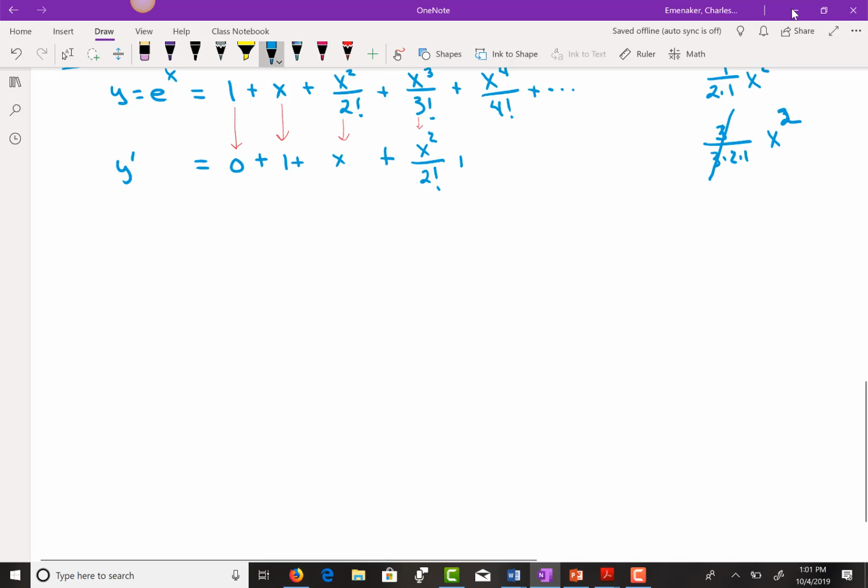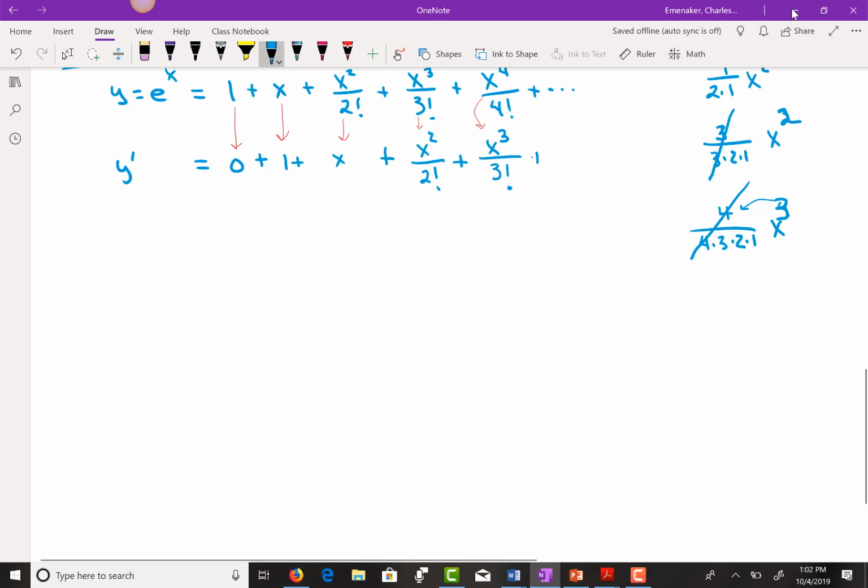The next term, x to the 4th, 1 over 4 times 3 times 2 times 1. When you take the derivative, you get a 4 here, the exponent becomes a 3, and the 4's cancel. Make sense? Which gives you x cubed over 3 times 2 times 1, isn't it 3 factorial?